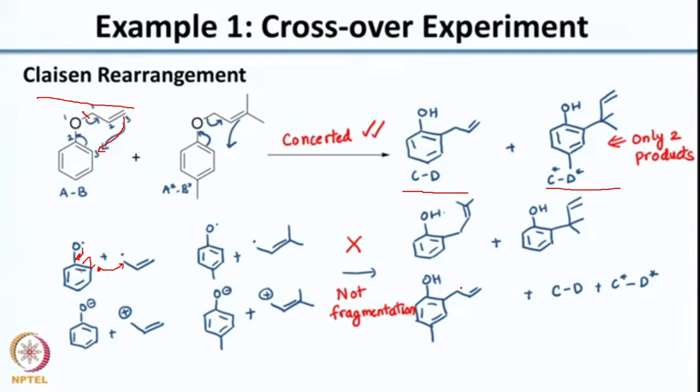This is a straightforward product formation, or it can undergo this way also. Here a radical will be generated and it will attack here also, right? So this is a possibility when it will give a CD product. In both the cases this is the first possibility.